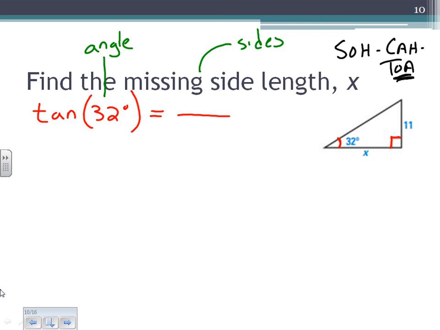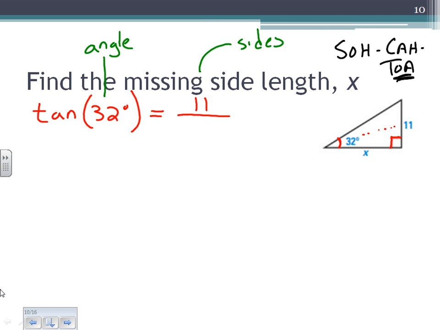Julio said the opposite and the adjacent. So what is opposite of 32? What's another way to say opposite in English? All the way across, maybe? The other way. So the 32 is opposite of what? 11.